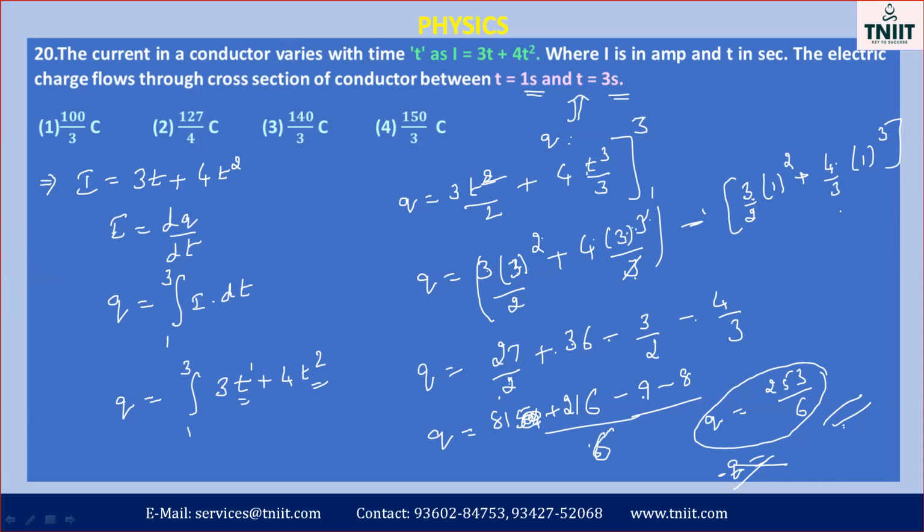Then 3 3s are 9, 4 2s are 8. So you are going to get 280 by 6. What is 280 by 6? 140 by 3. So option 3 is the right answer.